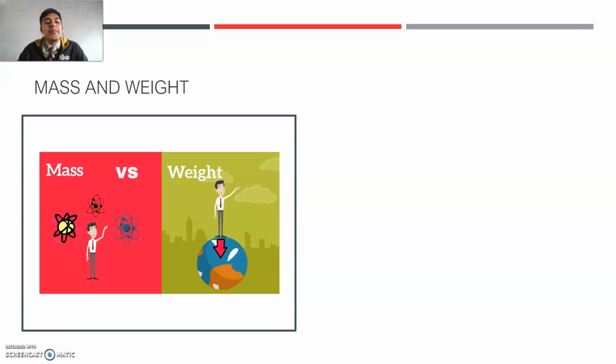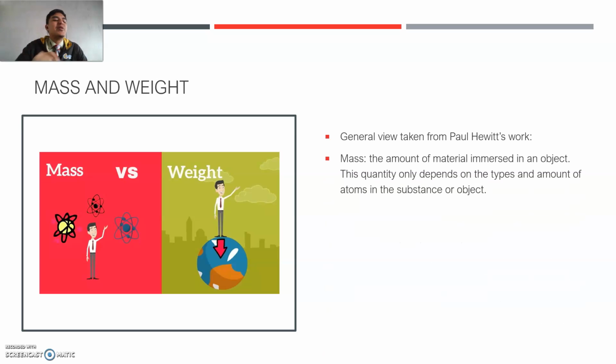So when we talk about mass, let's go over the theory that we have right here so we can observe the differences, and then I will go back to the image. So this is a general view taken from Paul Hewitt's work, in which mass is the amount of material contained in an object. This quantity only depends on the types and amount of atoms in the substance or object.